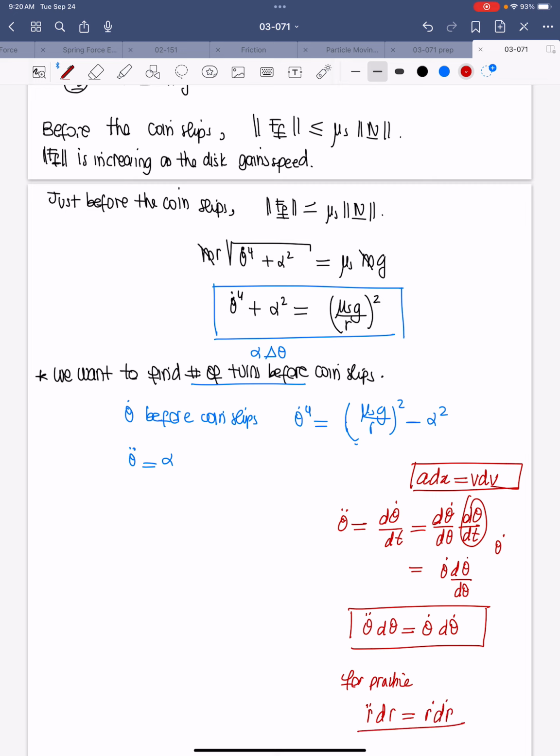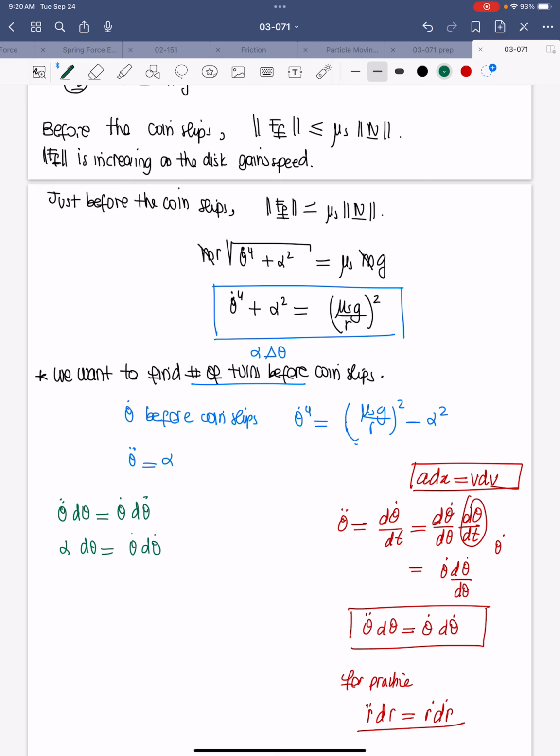So if I use this equation, theta double dot d theta is equal to theta dot d theta dot. If I replace theta double dot by alpha, alpha d theta is equal to theta dot d theta dot.